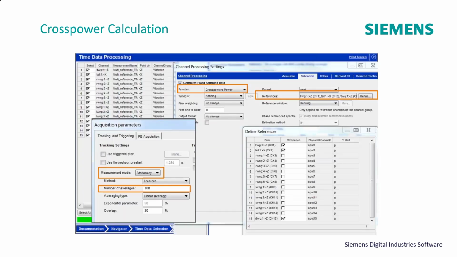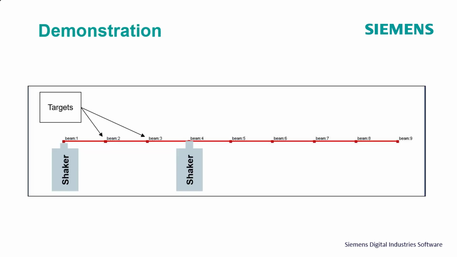So here is the cross power calculation. In this example, I'm going to use Brain. So in the training class, we use two almost academic examples to explain concepts, just to make it a little bit easier. We use a beam example, and the beam example has a couple responses on a beam and two shakers on the beam, where we have the same signal going to two shakers.